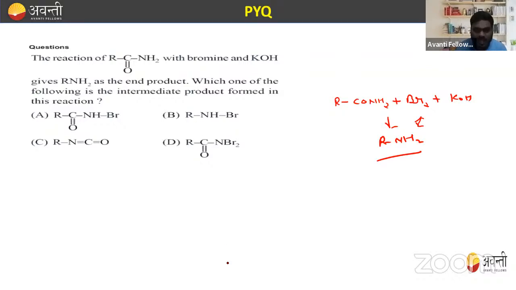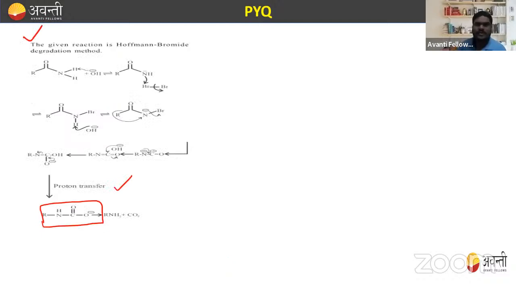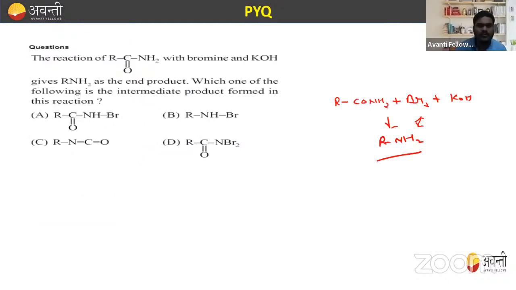So out of these four, which option is correct? We can say that this one is absolutely correct. RCONH is formed, so this is the intermediate product for this question, right?